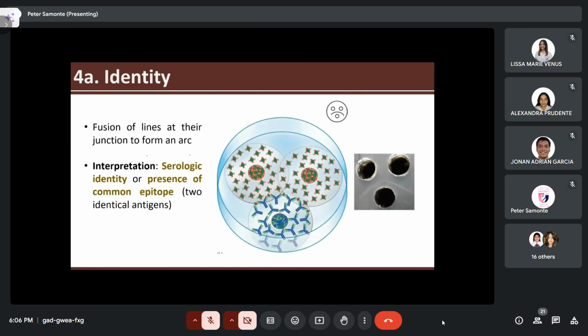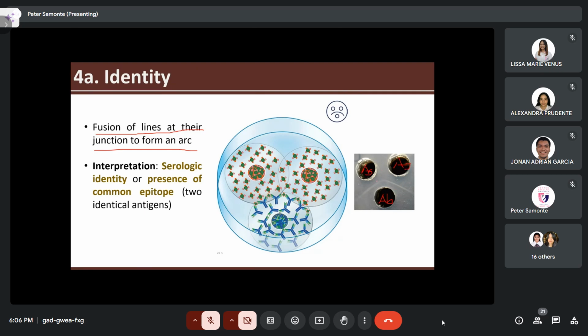Now, identity would form a fusion of lines at their junction to form an arc. So in this case, class, this is your center well. This is where your antibodies are located. Now, here you would add your antigens.